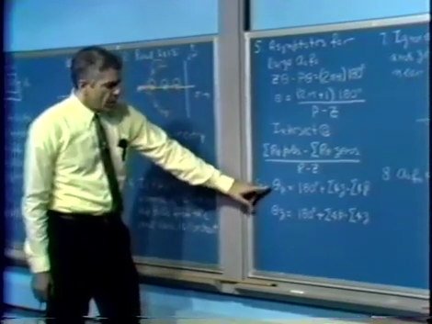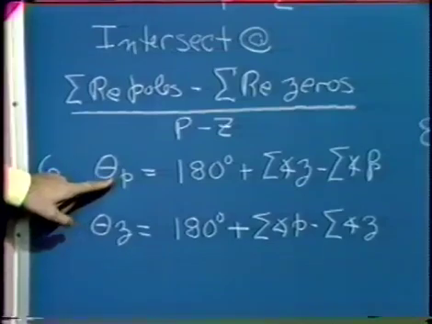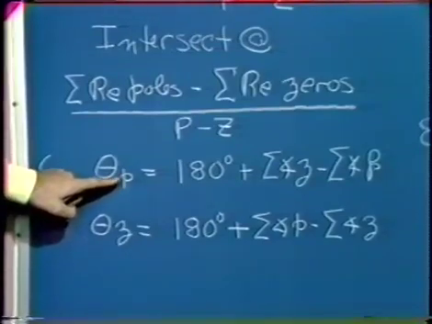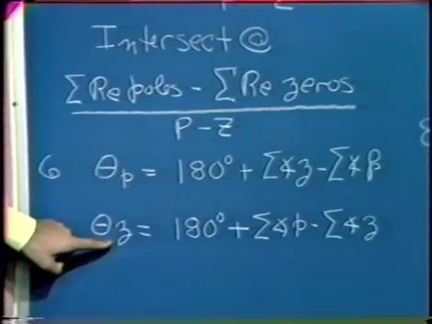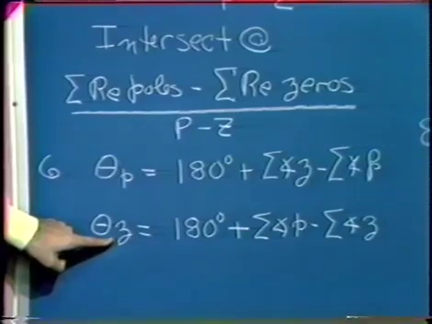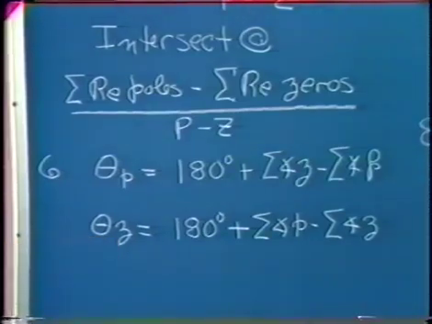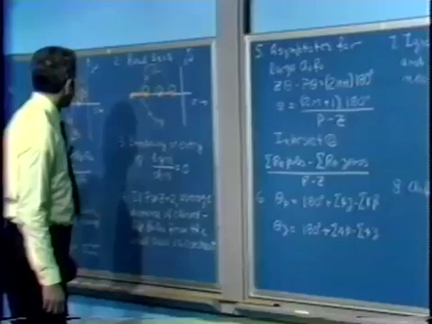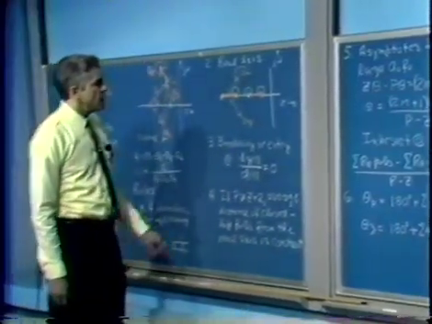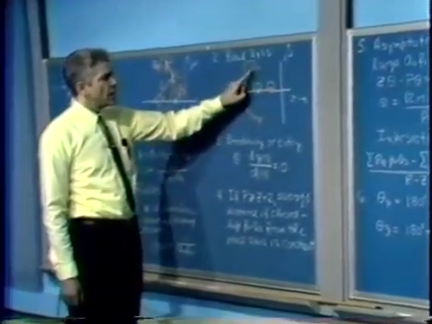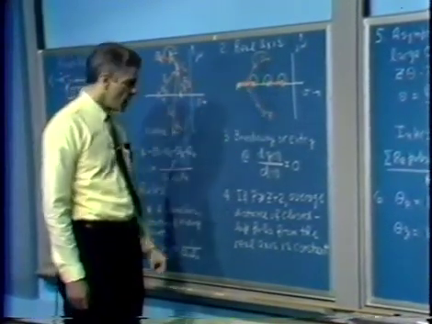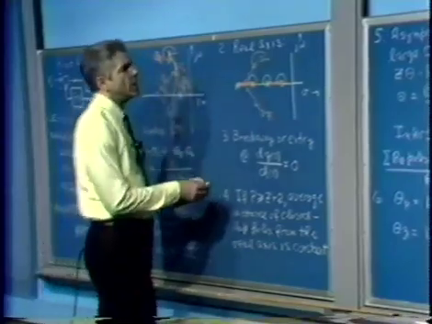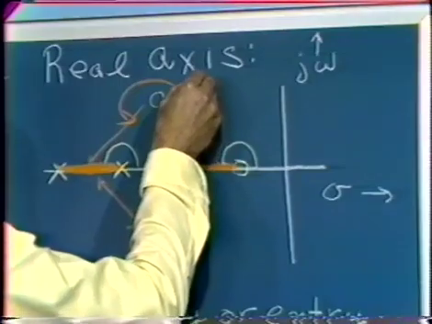Rule 6 tells us the angle that a branch makes either leaving a complex conjugate pole for small values of a naught, f naught, or entering a complex conjugate zero for very large values of a naught, f naught. In other words, if we were interested in how the branches of the root locus diagram eventually reached this zero for very large values of a naught, f naught, a branch might come into that point from somewhere in the S-plane.